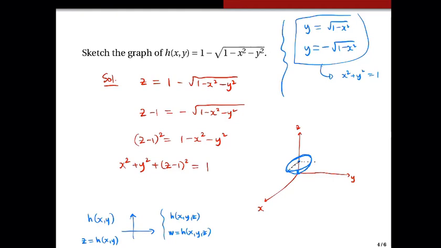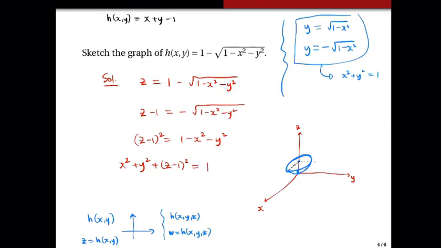For example, if your function h of x comma y is just x plus y minus 1, this is always defined for any values of x and any values of y. So in this case, we don't have any restriction. Therefore, we take the whole xy plane. Okay?